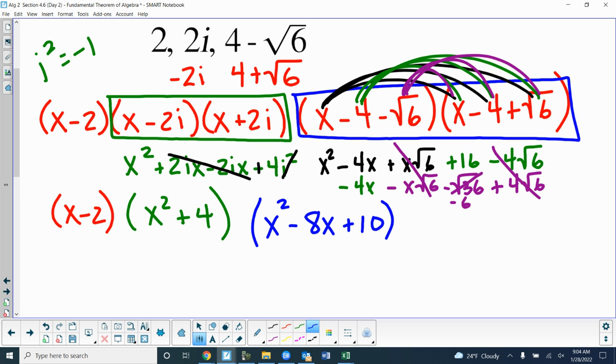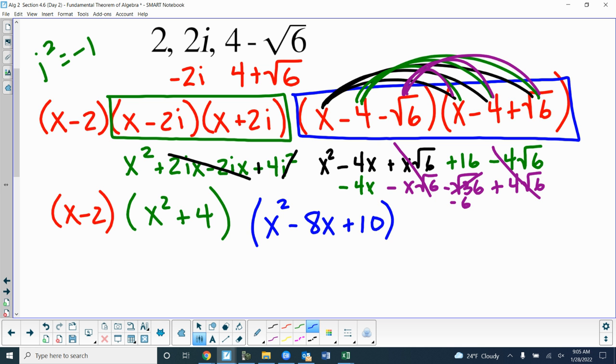So now I have these 3. I have 2 binomials and a trinomial I have to multiply. Questions up to this point? So the i's go away and the radicals go away. Now it's just a normal algebra 1 multiplying everything together.